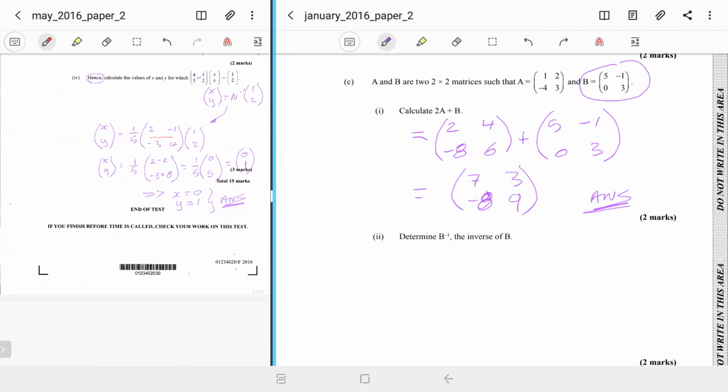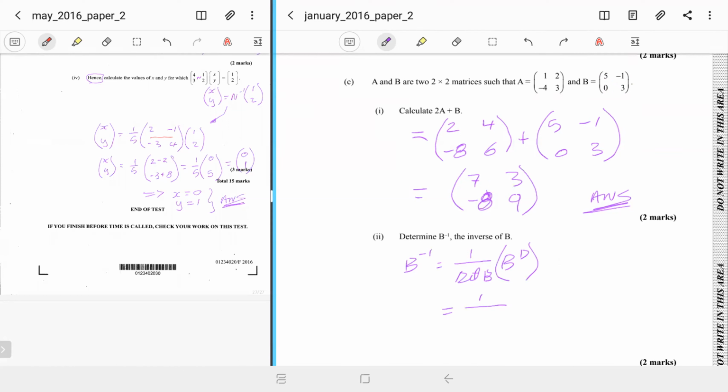Next part wants B to the minus 1 right here. So we're doing the inverse of this matrix up here. B to the minus 1, remember, is 1 over the determinant of B times the adjoint of B. Remember, it's B we're doing now. 1 over the determinant is this product minus this product.